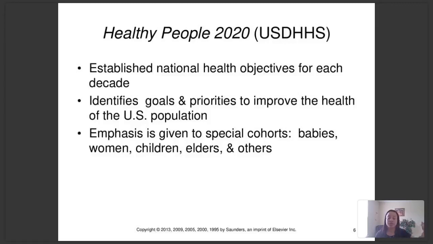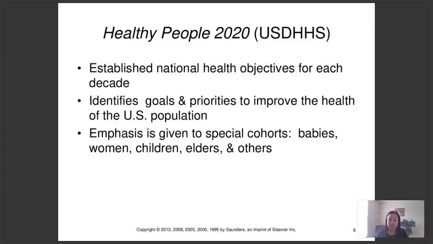So remember, there's 42 objectives that we're looking at. We have 4 overall goals, we have 42 objectives, and then we have a number of specific objectives underneath those general 42 categories, and ways that we can improve health based on different topics such as HIV, such as cardiac health, such as mental health. So those are the things that we're looking at.